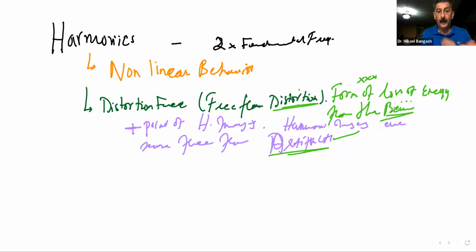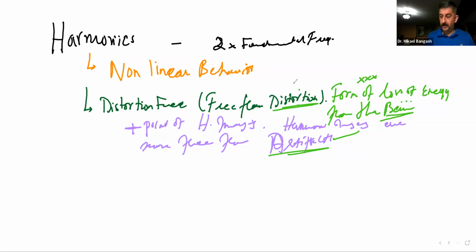And due to that, it will be more likely that harmonic imaging is going to be free from artifacts, especially artifacts that were produced as a result of distortion. Did that make sense?